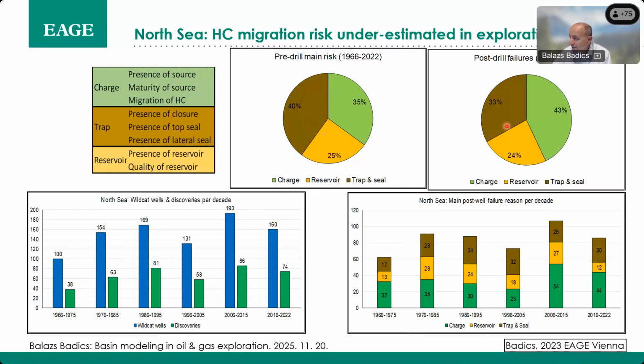But actually, after drilling, they find out that the charge, especially the hydrocarbon migration, was the reason for failure. And you see per decade how these things evolved. Even though everybody says that the North Sea is very well proven, with source rocks everywhere and maturity, more than half of the wells fail, especially in the last 20 years, on migration, which is quite strange.